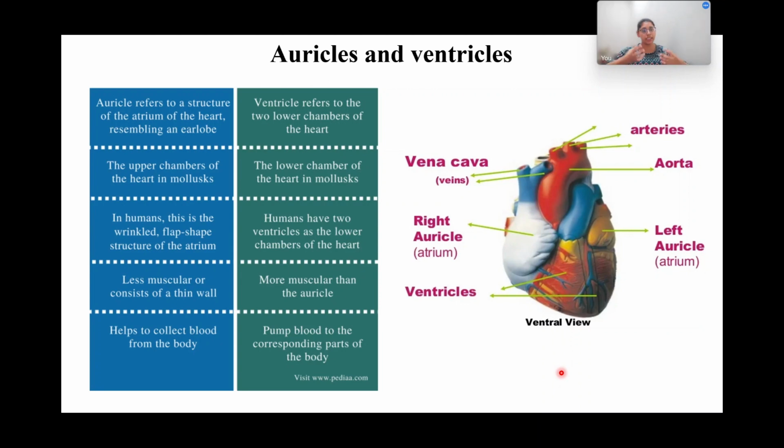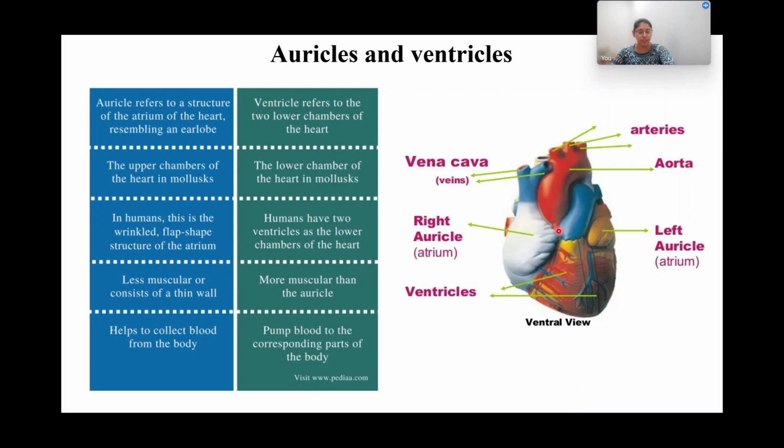Auricle basically refers to a structure of the atrium of the heart. Atrium means the frontal, the anterior portion, while ventricle refers to the lower chambers of the heart. So in mollusks or in humans, the lower portion of the heart is called ventricle and the upper portion of the heart is called auricle or atrium.